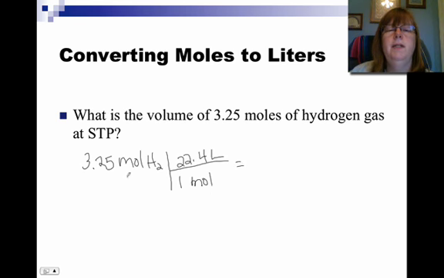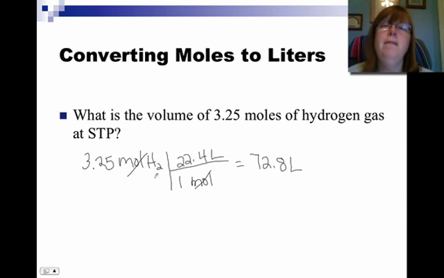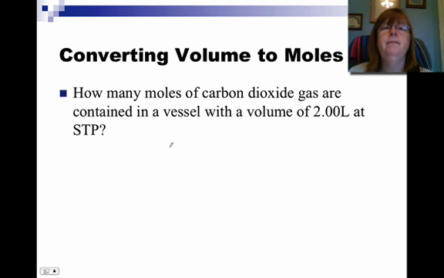Notice with the dimensional analysis, the moles cancel, and we multiply the 3.25 times the 22.4, and we wind up with 72.8 liters of hydrogen gas. So if you have moles of any gas at STP, multiply by 22.4, and you will have its volume.